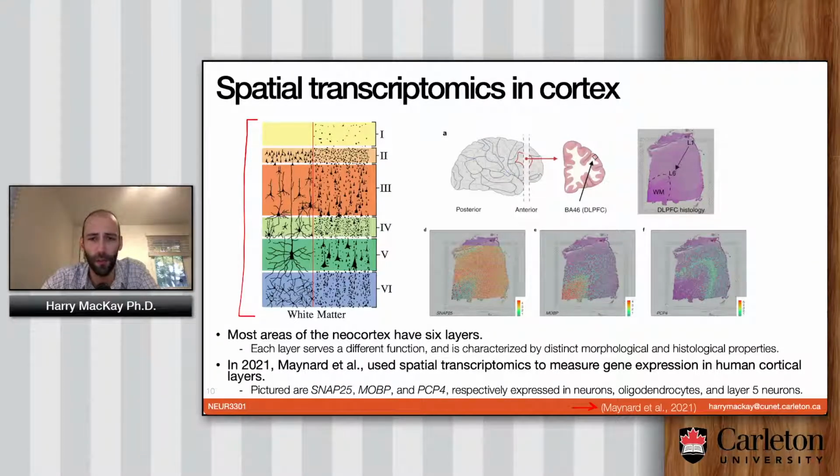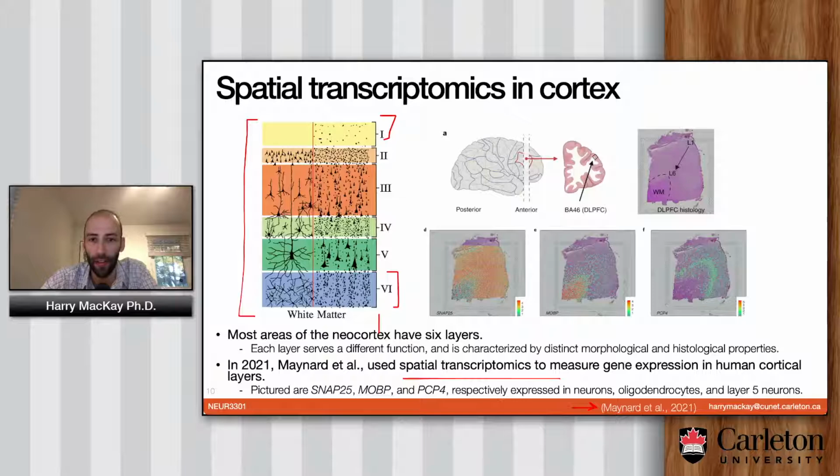And there's a whole complexity to the layered structure that's been known for quite a while. The most superficial layer is layer 1, and the deepest layer is layer 6, and then after that you have the subcortical white matter.